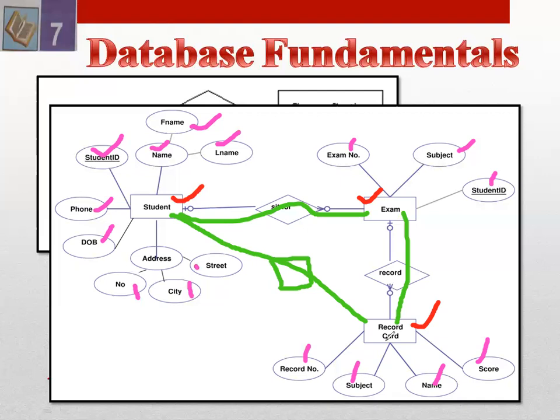The cardinality and the modality between the student and the result card is 1 and 1. And student sits for exam, and exam record result card and the score. So this is a relationship between these entities, and this is the ER diagram of student management system.